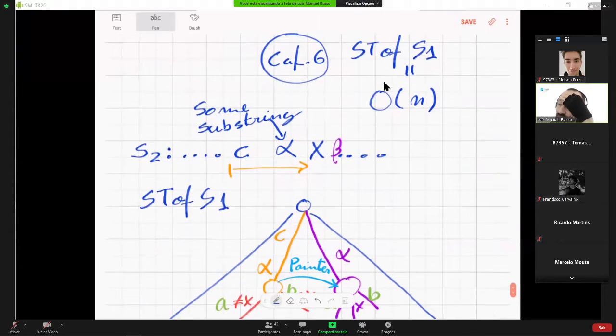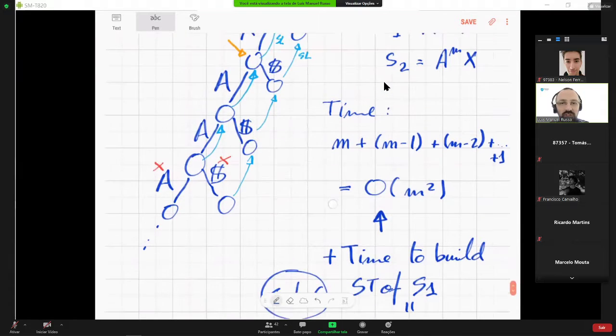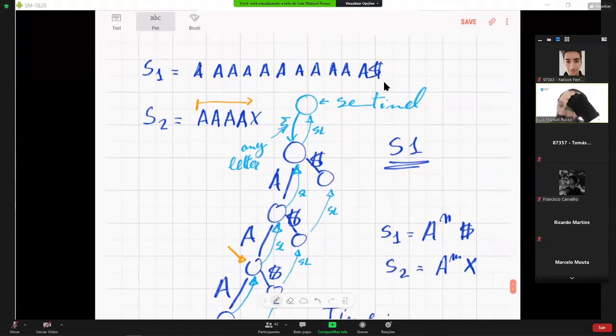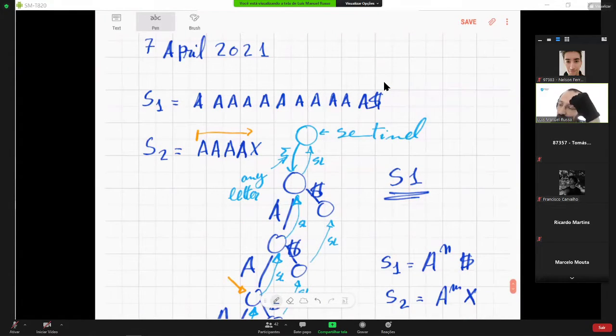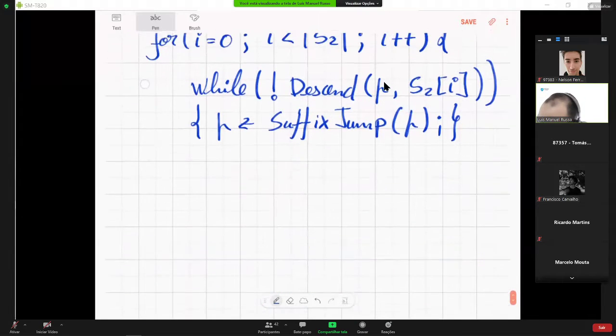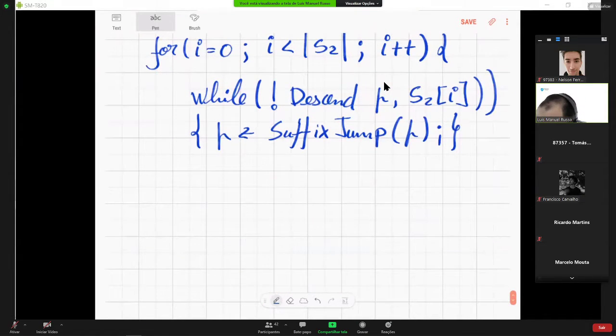But something really strange could happen, which is that the letter occurs in S2, but it doesn't occur in S1. In that case, that loop is still good because we added this sentinel node, which means that instead of ending up at the root, I'll end up in this sentinel, and then it's possible to descend. Sorry, this is a query.